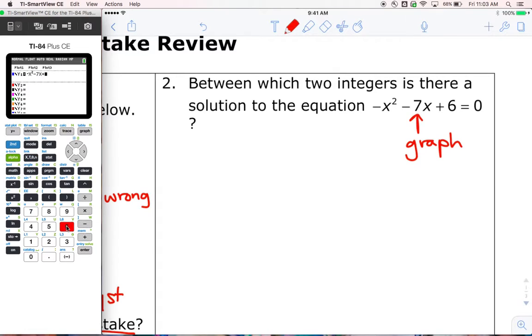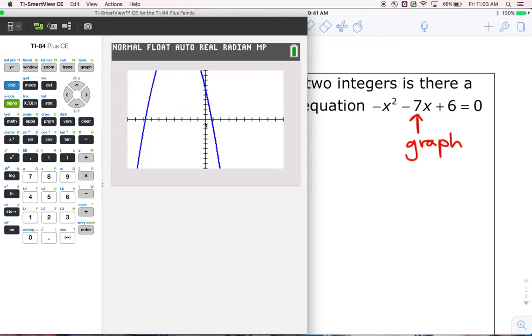Let's take a look at my graph. I'm going to make it a little bigger. It looks like there's a solution between 0 and 1. And then 1, 2, 3, 4, 5, 6, 7, 8. So between 7 and 8.